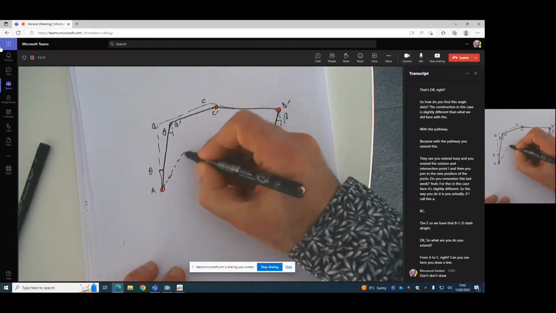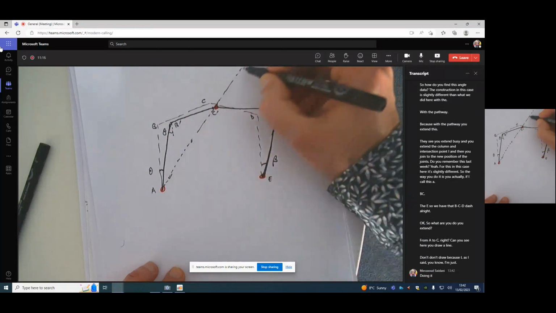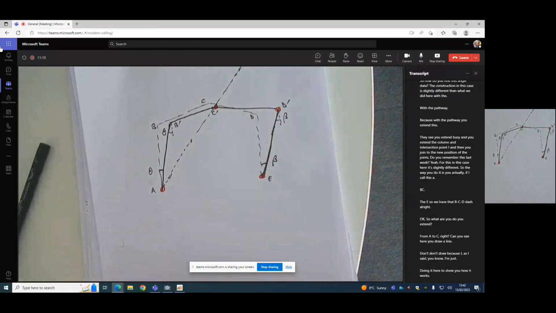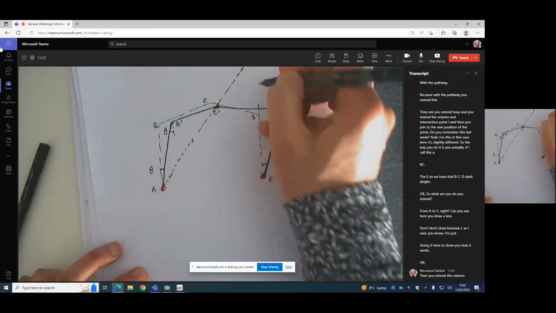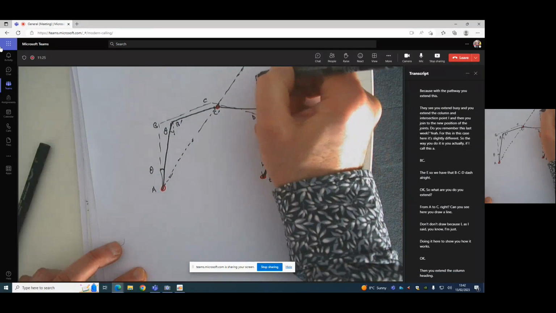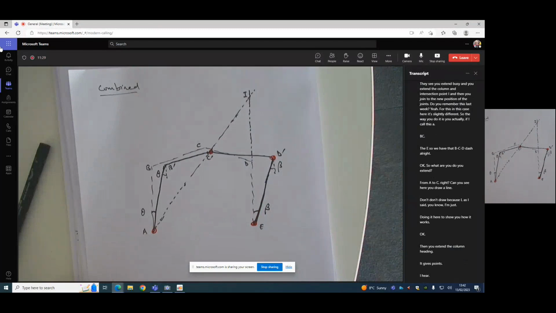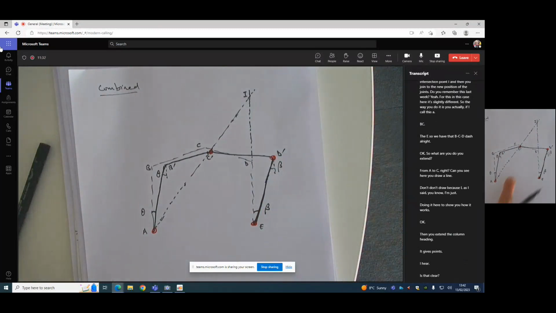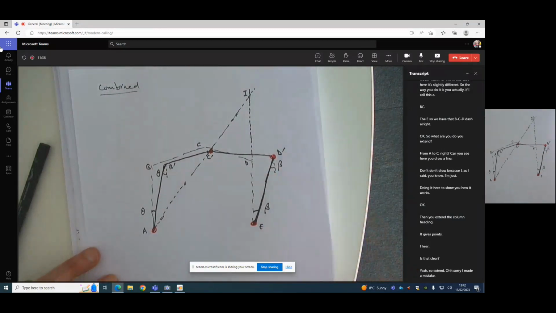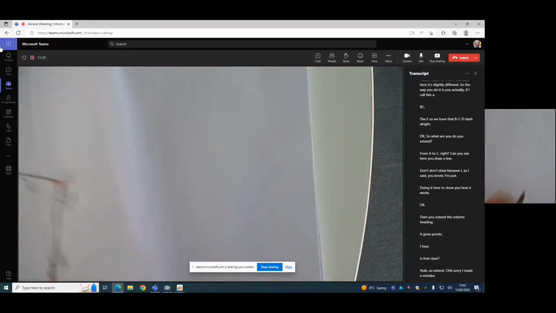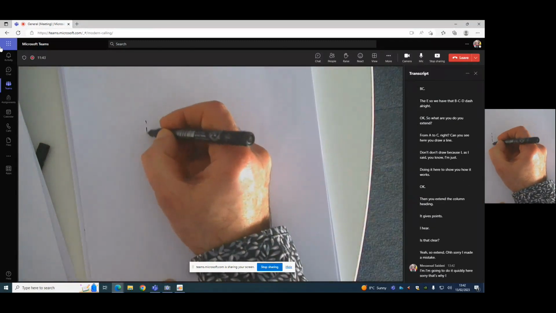Don't draw, because as I said, I'm just doing it here to show you how it works. Okay. Then you extend the column, ED. It gives point I here. Is that clear? Oh, sorry, I made a mistake. I'm going to do it quickly here. Sorry. That's why I said don't draw any here.